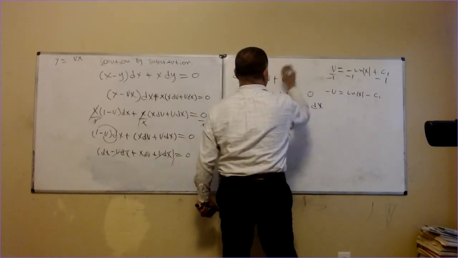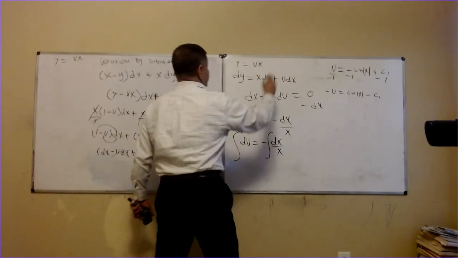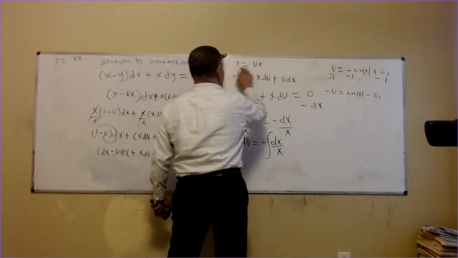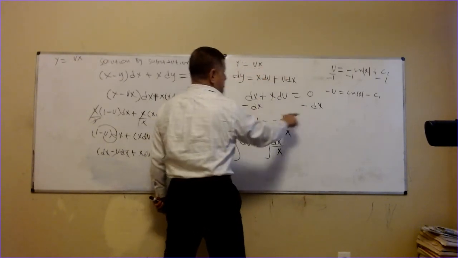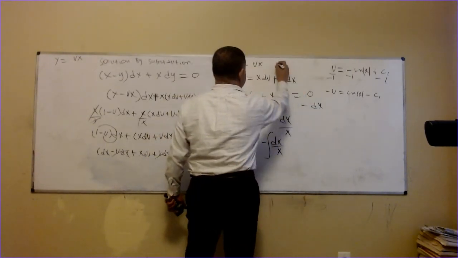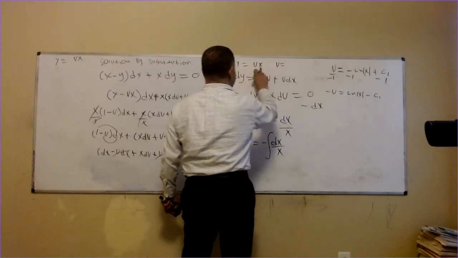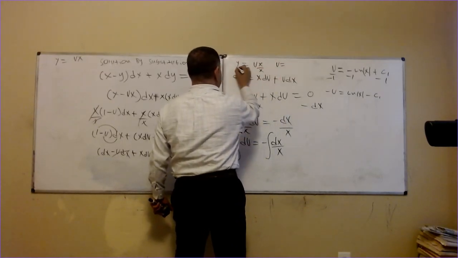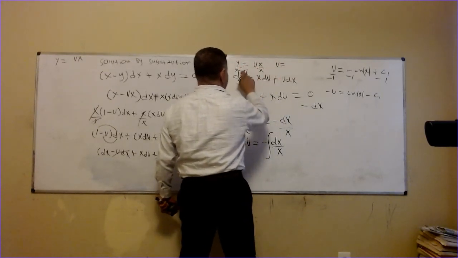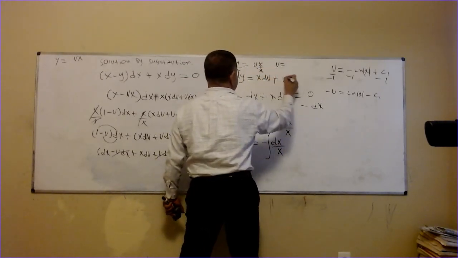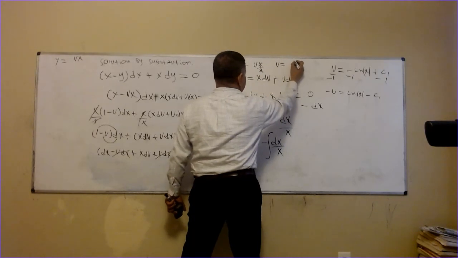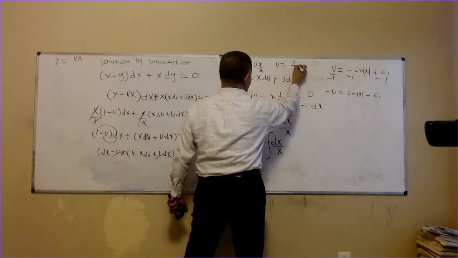Remember that y is equal to vx. So now I have to solve for v because I have a v here. If I divide by x on both sides, those cancel out, and I get v is equal to y over x.